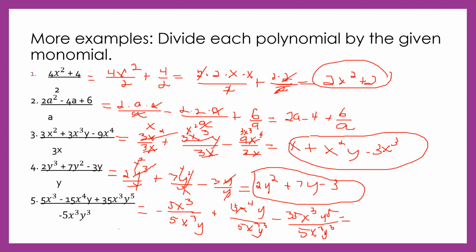So we cancel. What's left is 1 over y. So, negative 1 over y plus 15 divided by 5 is 3, 3x over y squared, minus 7, the x is canceled, y over y squared. So, 5 minus 3 is 2. So, that is the final answer.